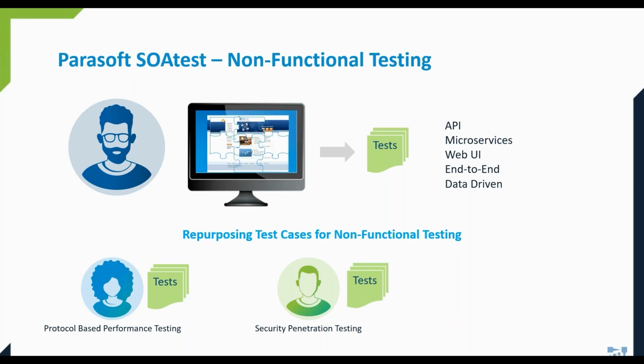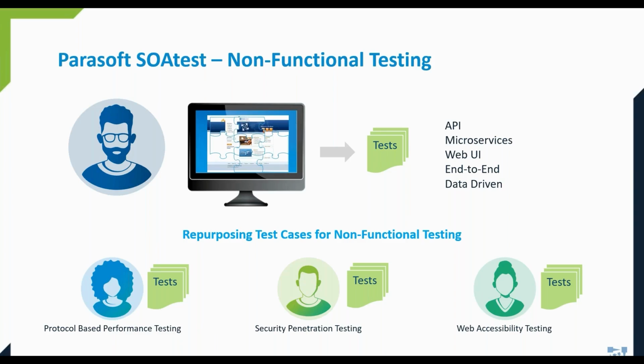Now, while most of today's presentation has focused on API testing, we did briefly discuss in the capability overview that SOATest also supports web UI testing, and it offers a codeless record and playback strategy for test creation. So similarly for repurposing test cases for security or performance testing, you can repurpose those SOATest web UI test cases for web accessibility testing, enabling teams to start looking for issues related to WCAG as a part of their QA workflows.